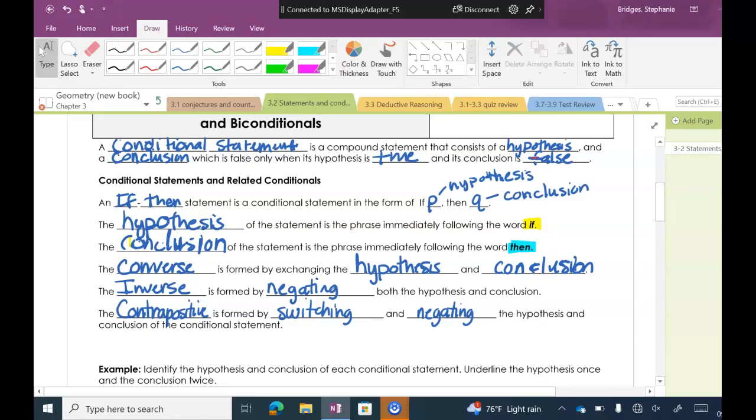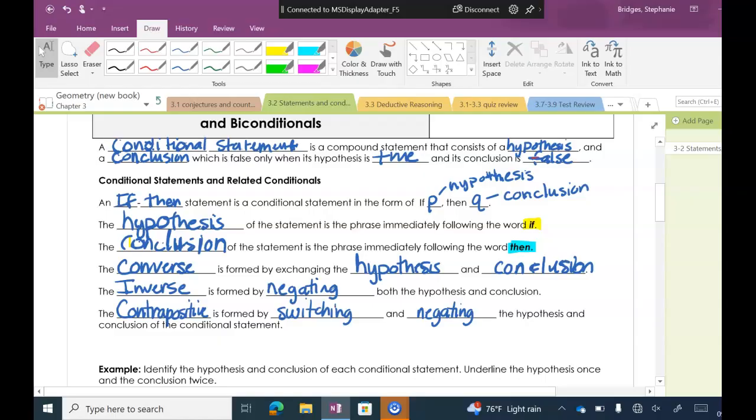Okay, so you have your conditional statement. That's the original one that's going to be given to you, and that is going to be in the form of if P, then Q. Remember, P is my hypothesis, Q is my conclusion. Then we are going to write the converse, which is basically just going to take the P and the Q and switch them.